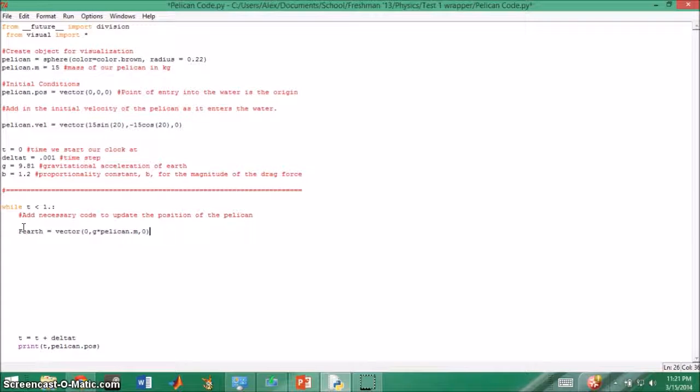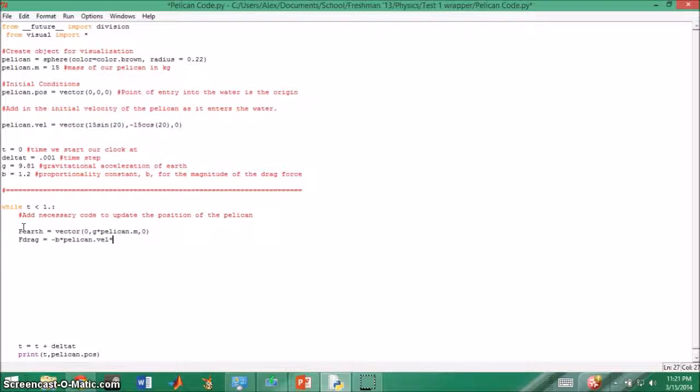And the next thing is we also want to calculate the drag force, which we know to be proportional to the speed of the pelican cubed. And since it's in the negative direction, we're going to do negative v times the velocity of the pelican, so that we have a direction for this vector to go into.